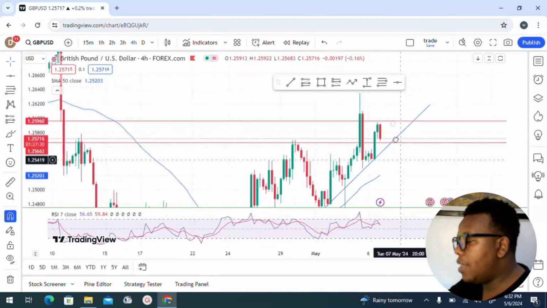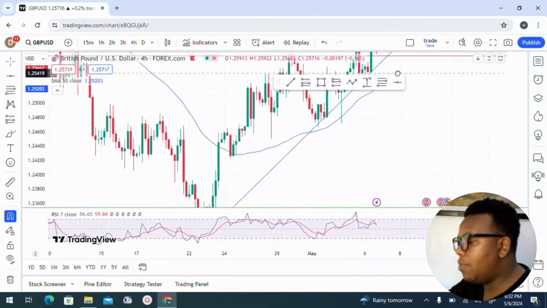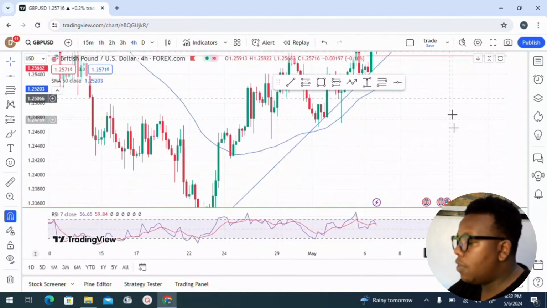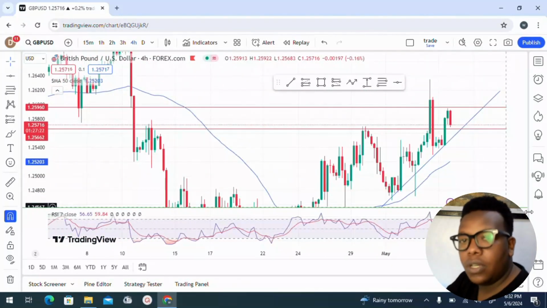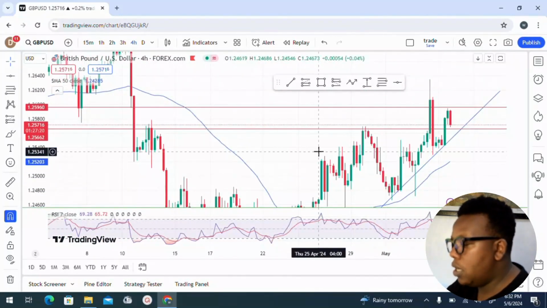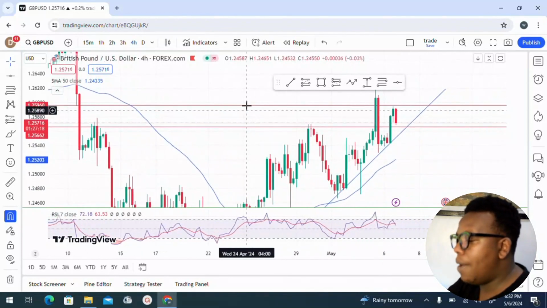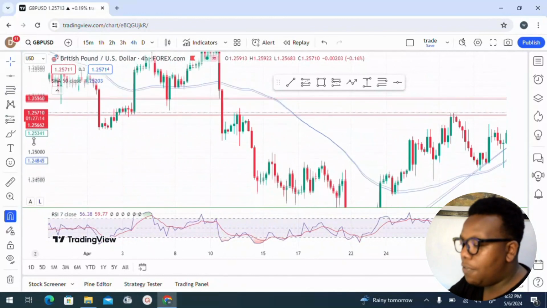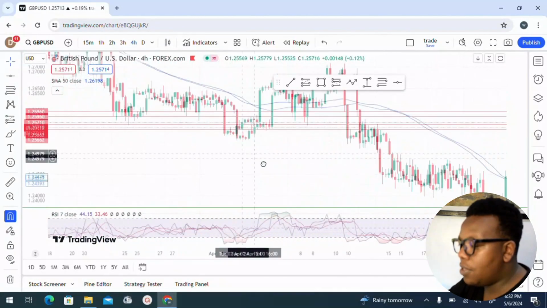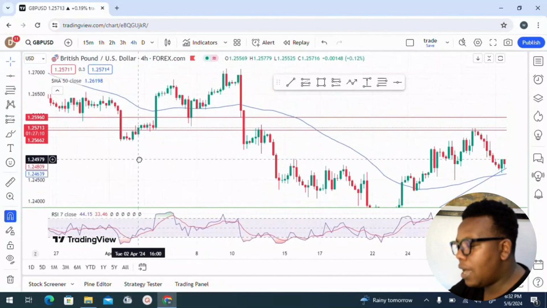From here, the other thing I need to identify is my zones, which I normally draw. In this case, you can see I've already drawn these two lines. In our previous lesson, we talked about how you can draw zones, and you need to make sure you draw a very nice and valid zone. For instance, you can see this zone, the market has touched this area a couple of times.